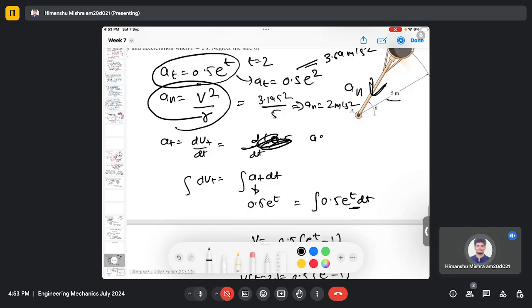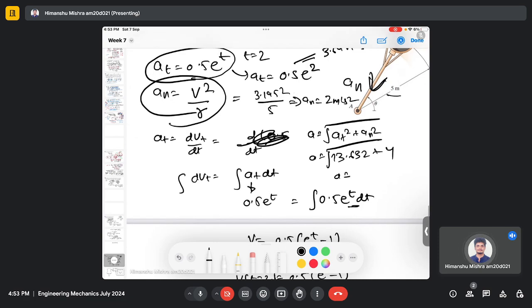So your total acceleration will be the square root of at squared plus an squared. So the acceleration magnitude will be 4.2 meter per second square.